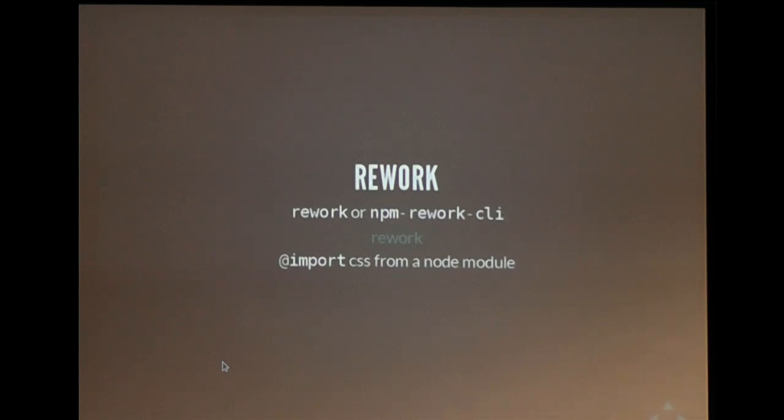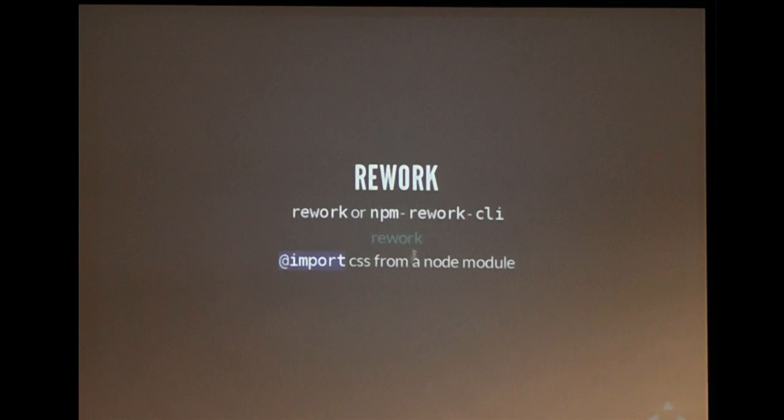Here's a couple other things that you might want to use specifically for CSS. There's something called rework that allows you to use an @import line like you'd have in your CSS, but you just do @import and then a module name. If that module on npm contains CSS code, you can basically import CSS into your app using this @import line and whatever the module name is.